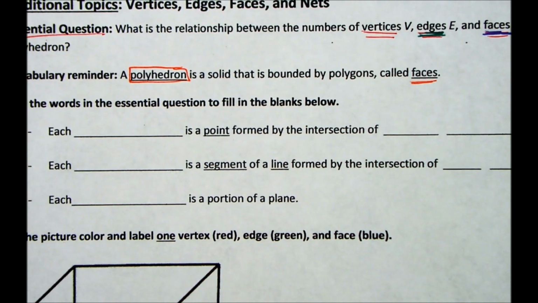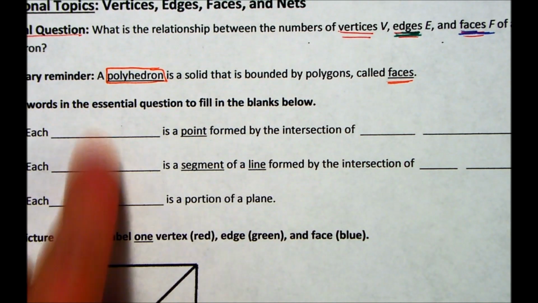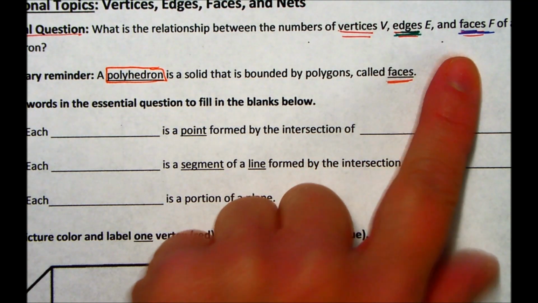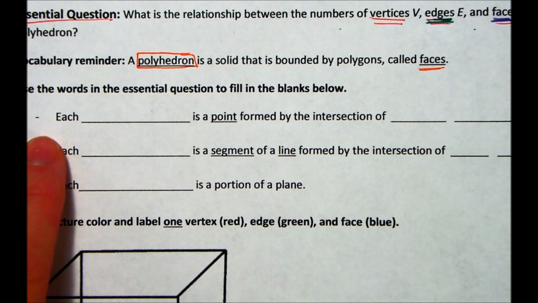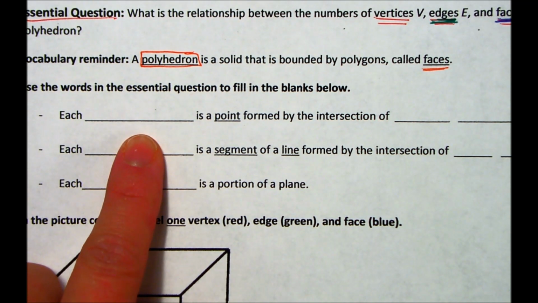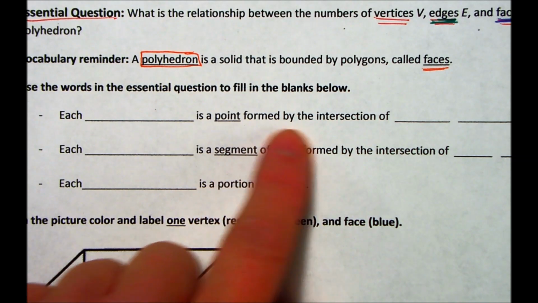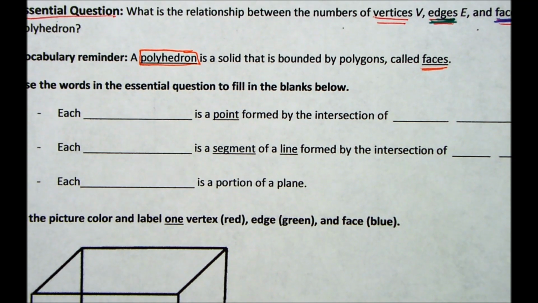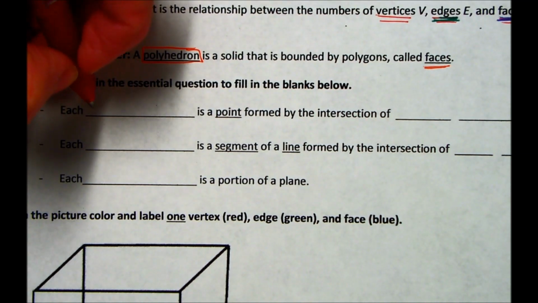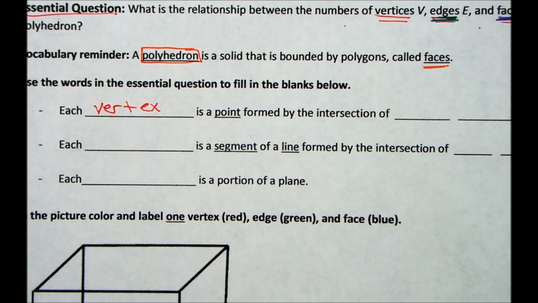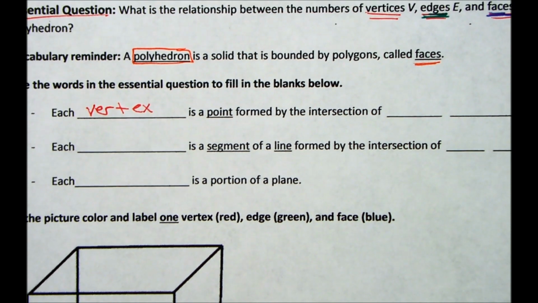So in these sentences we need to figure out, is it a vertex, an edge, or a face? Is each blank a point formed by the intersection of something? Well, if it's a point, hopefully you know it's going to be a vertex. A vertex is a point.